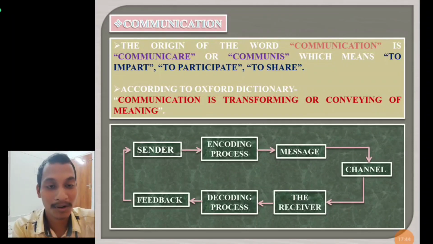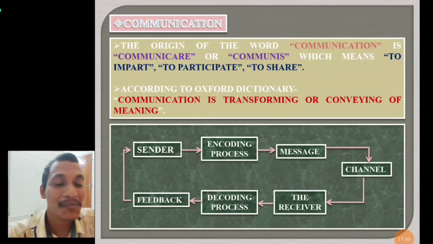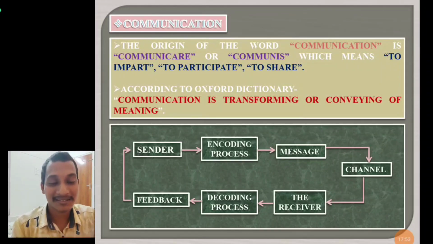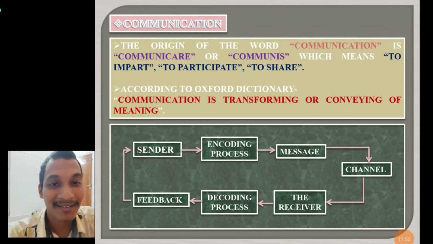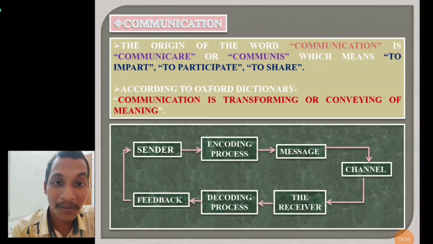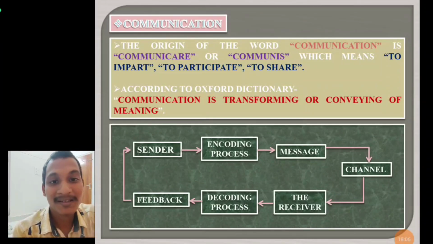For a few seconds we might forget that this is a process of communication. We just take it that this is a car, and here the sender is a driver. What is the sender doing there? The sender does the encoding process, like a driver loading a car.